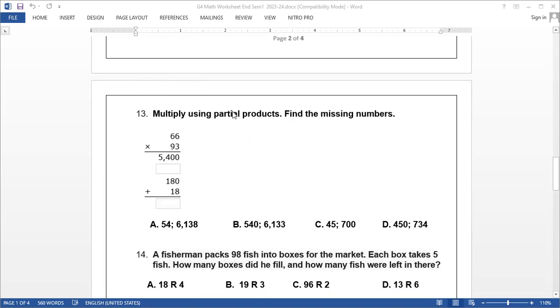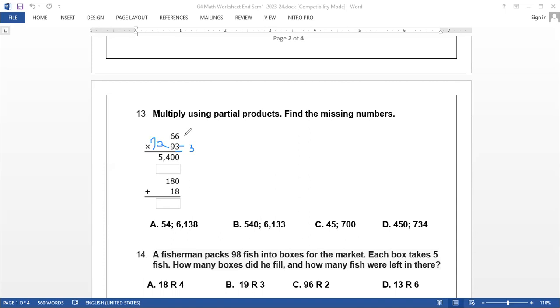Multiply using partial products. Find the missing number. This is a very easy one. Now we multiply first 3 by 66, and we multiply this, we consider 3, this 90.